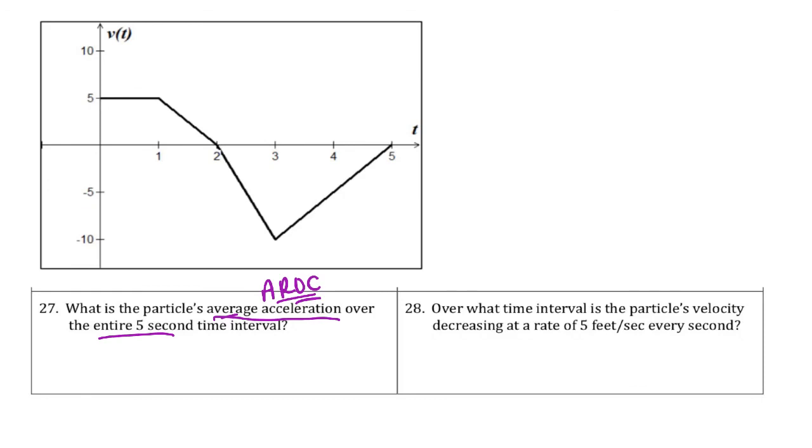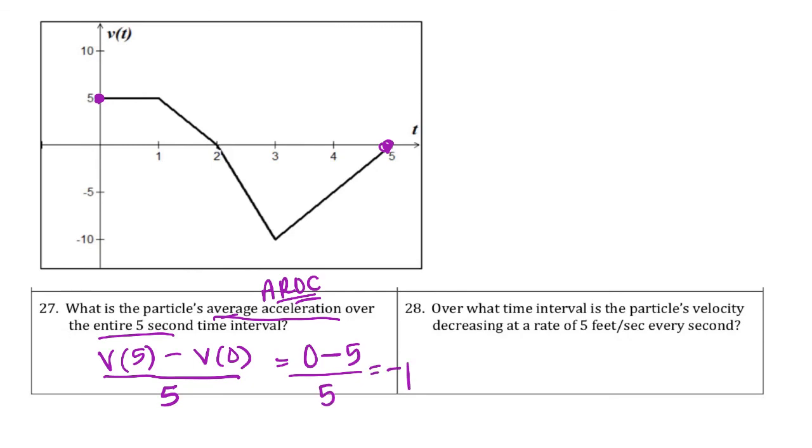So average rate of change over the entire 5 seconds, well, we're going to have to go through and look at our V at 5, that's the end, minus the beginning, over the entire time frame, which is going to be 5. So knowing that, we know that V at 5 is 0, minus, and I know V at 0 is 5, and that's going to all be over 5. So the average acceleration over the entire 5 seconds is -1.